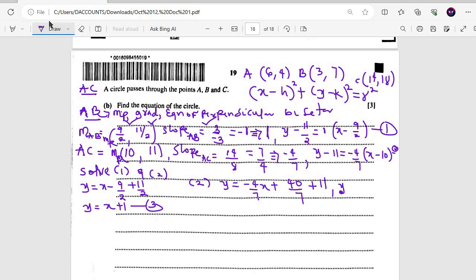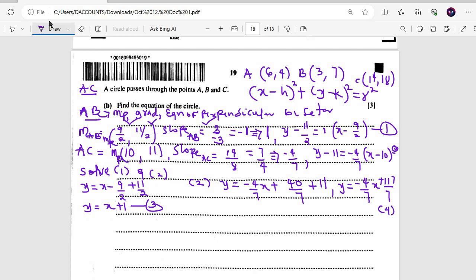So this equation can be written as minus 4 over 7x, 40 plus 77, 117, plus 117 over 7, down to equation 4.